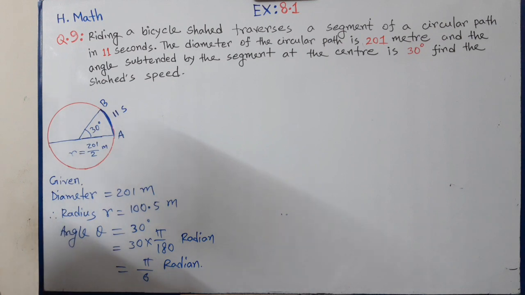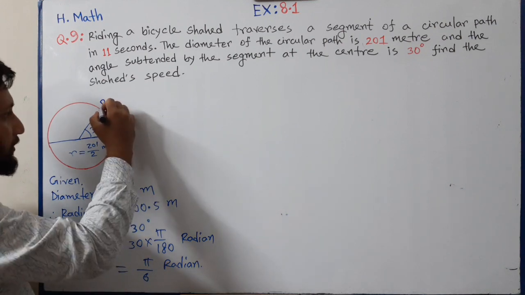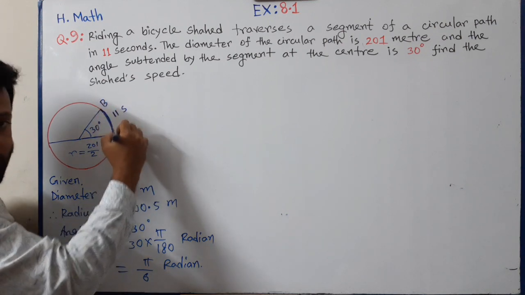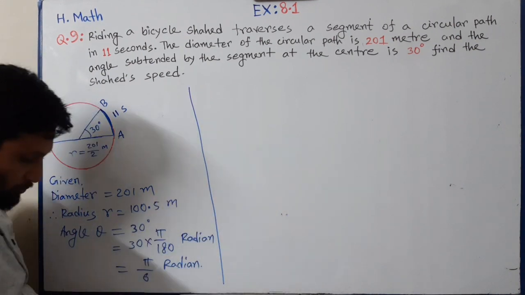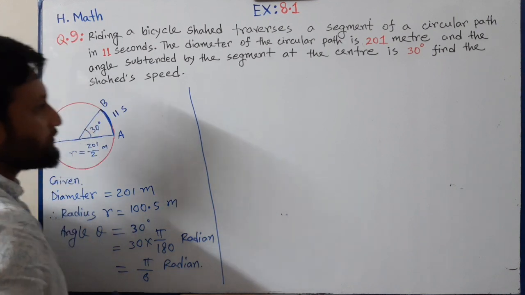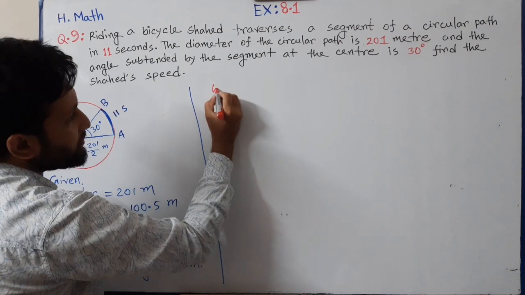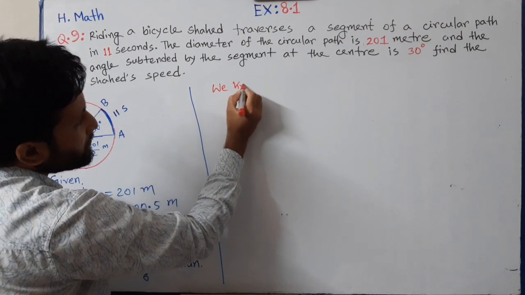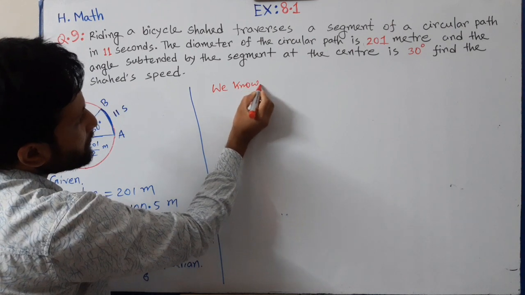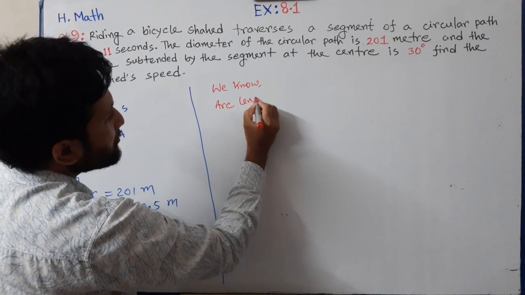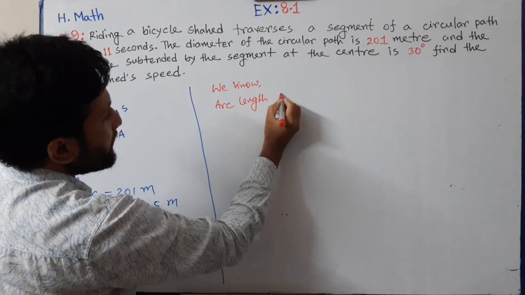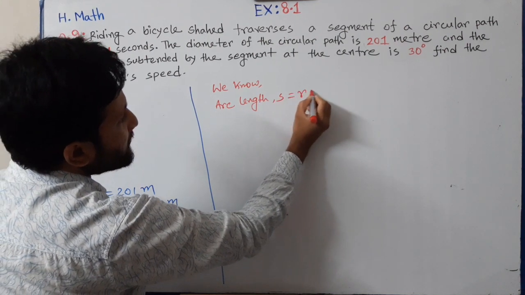Now we have to identify the circular path distance. We know the formula of arc length: S equals r theta.